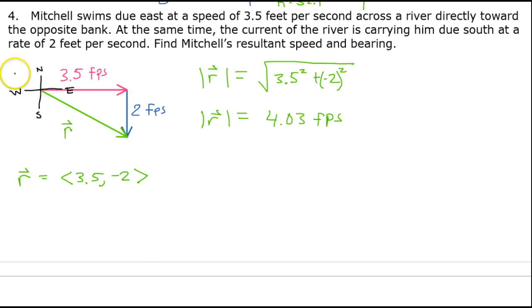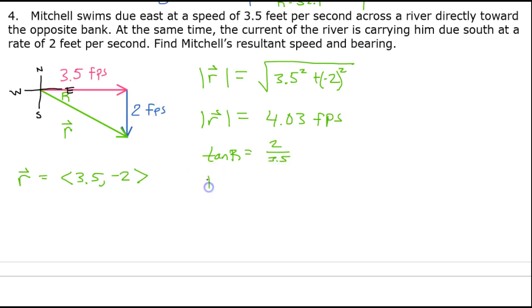I threw a little compass rose in here as a coordinate set of axes, and let's call this angle right here angle R, for the reference angle that it is. The tangent of angle R would be 2 over 3.5.